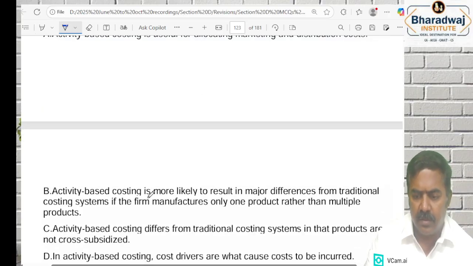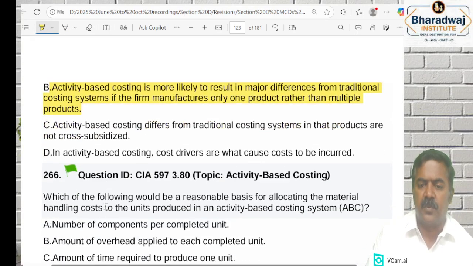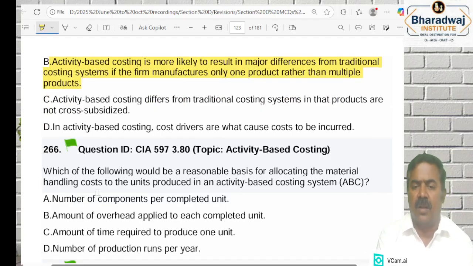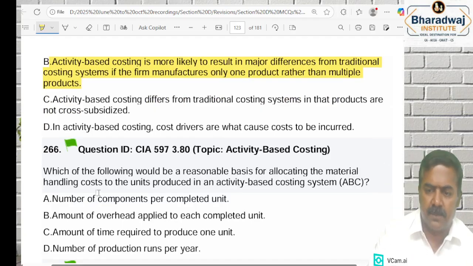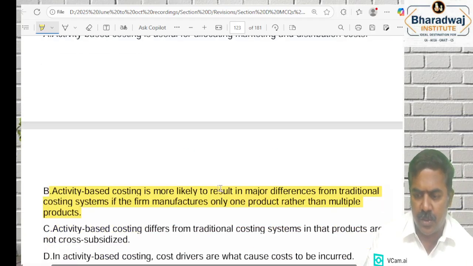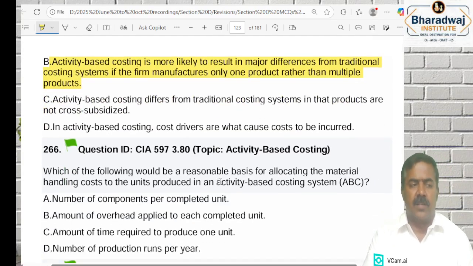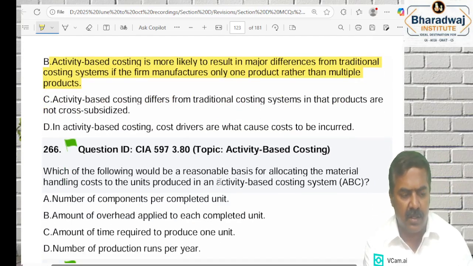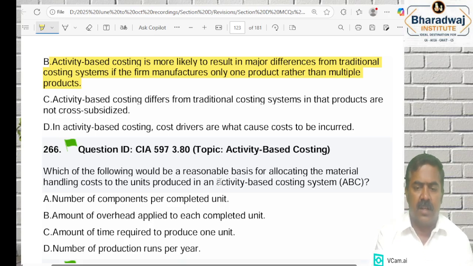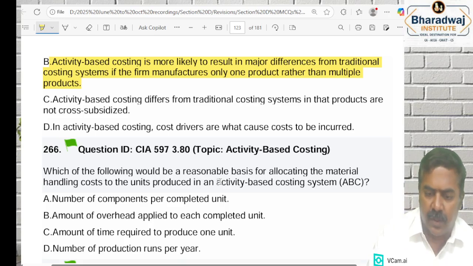Allocating more likely to result in major difference between traditional costing system of the firm, if they manufacture only one product. See, if there is only one product, there will be no difference between traditional costing system and which one? Activity-based costing system. Which is not true. Activity-based costing system will not result in different results if there is only one product.